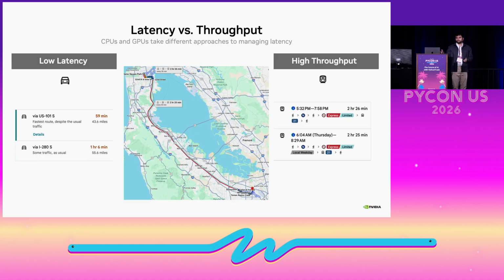And you could schedule those trains such that they're carrying a much larger total number of people along the pipe from home to work. The fundamental thing to understand about GPUs is that instead of doing what CPUs do, which is minimize latency, they try to maximize throughput. It's not about how quickly I can get this one result, it's about how quickly I can get tons and tons of results through.